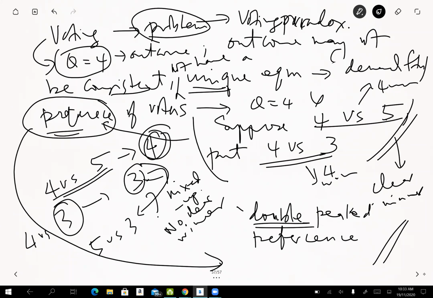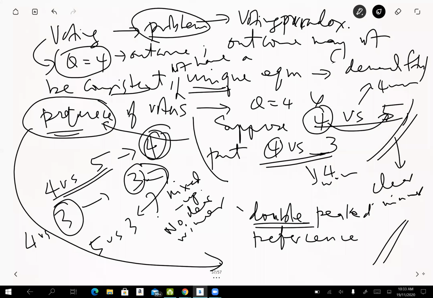Consistent outcome means if the outcome is 4, then when you go against 5, and against 3, 4 will win. If it is not, then 4 against 5, 4 wins, 4 against 3, 3 wins. So there is no winner. We're going to look at both models: one where the outcome is consistent, and the other where the outcome is not consistent. So this is the discussion for this model.